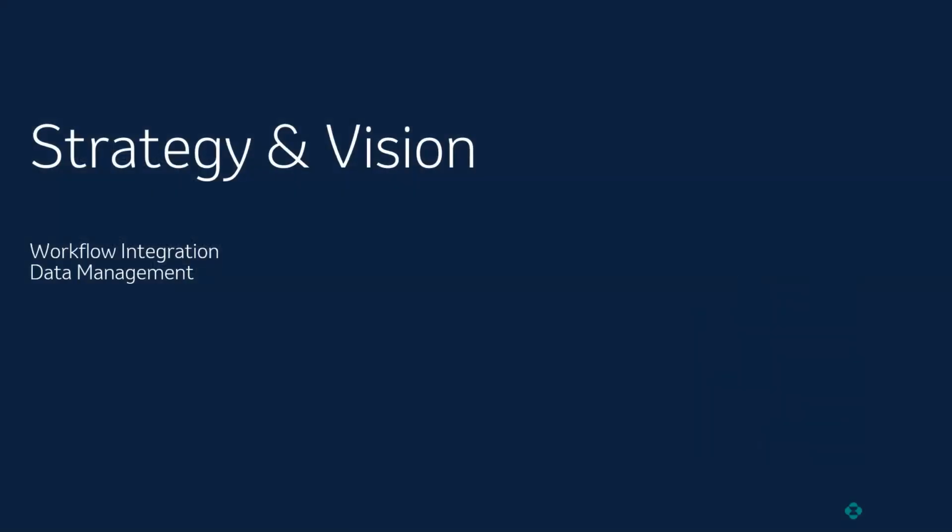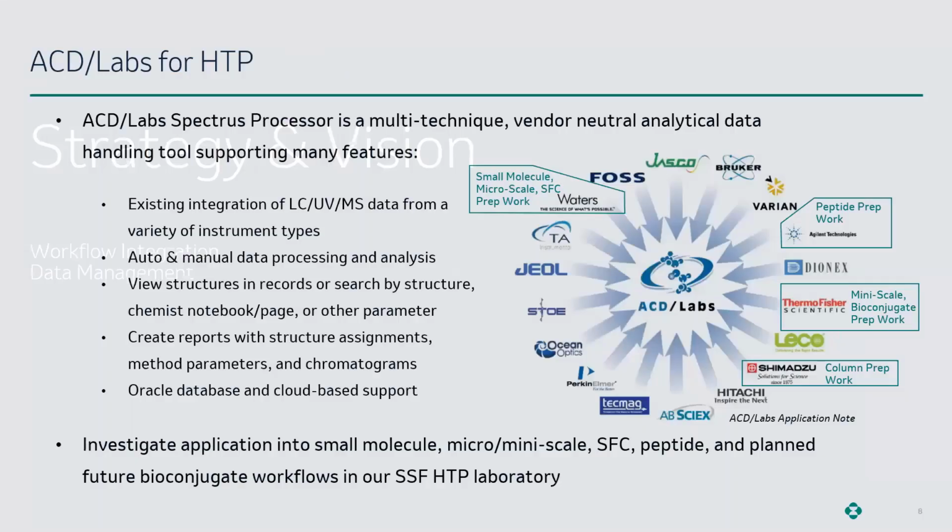So strategy and vision. So why ACDLabs for high-throughput purification? Well, to begin with, being able to handle heterogeneous data types from different vendors is becoming increasingly important to our group, as well as handling samples of increasing molecular complexity.